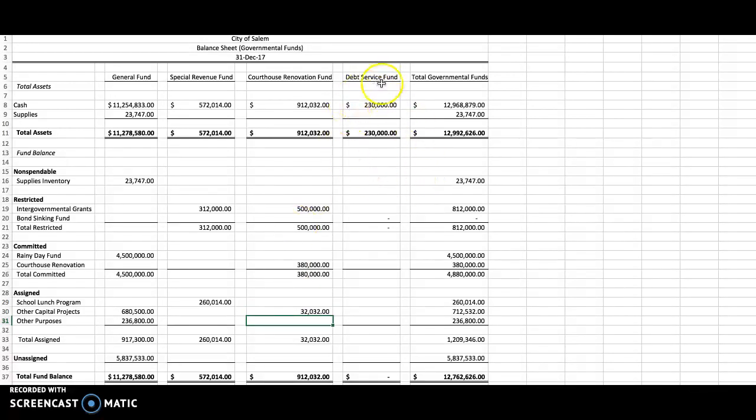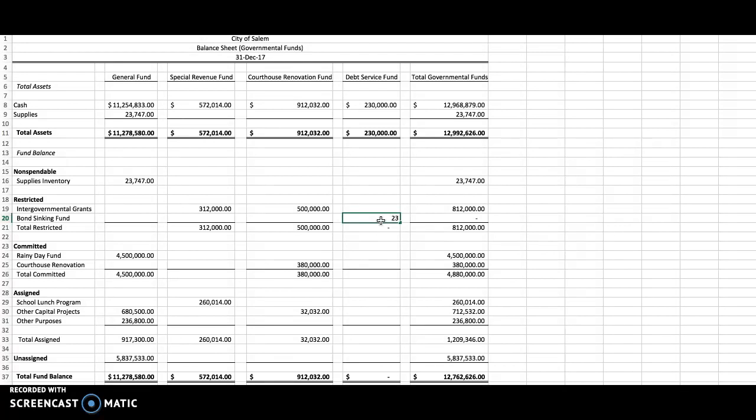Debt service is a fund where typically the government will set aside some money to pay down its own debt. So a lot of times the way they'll do this is they'll create something called a bond sinking fund. They'll maybe issue bonds. The money that comes from the bonds will be looked at by an advisor, and the advisor will tell just how much money needs to be put in so that at a certain point later the debt can be retired.